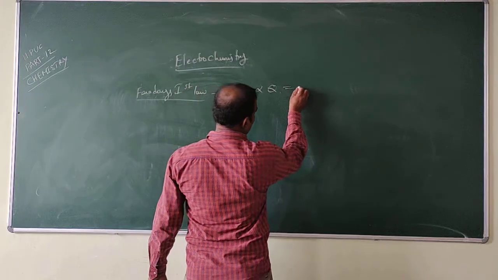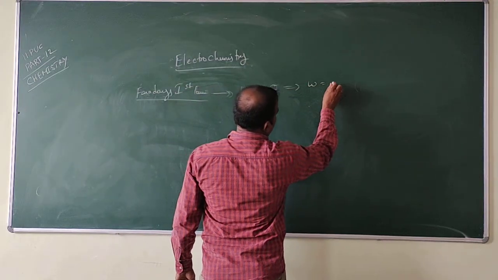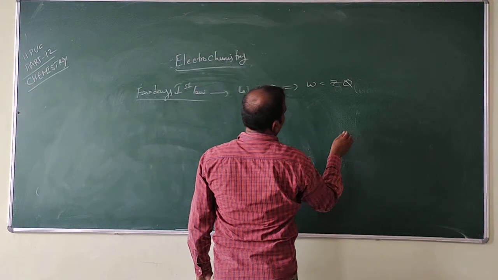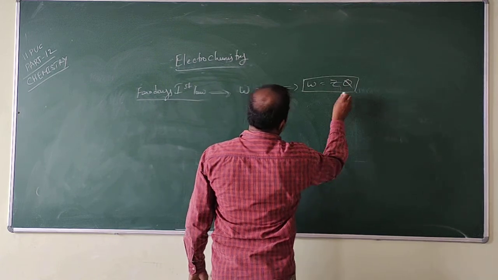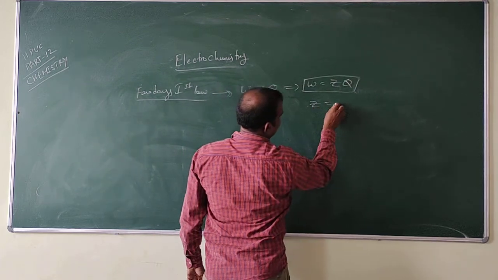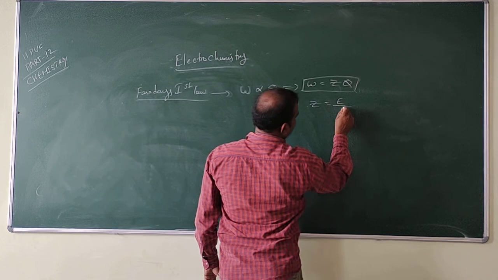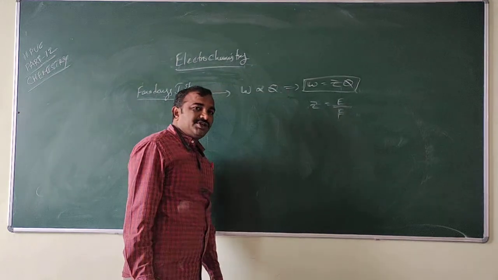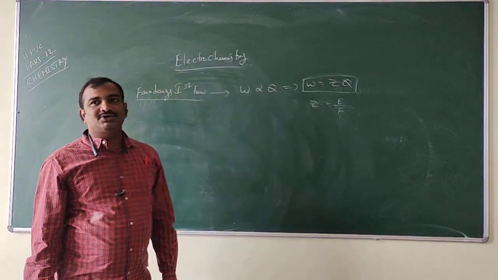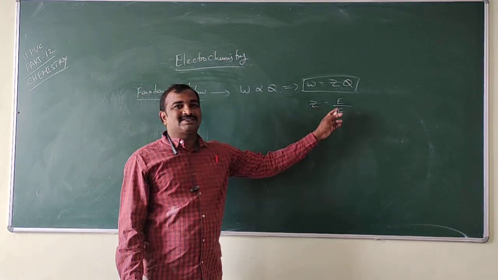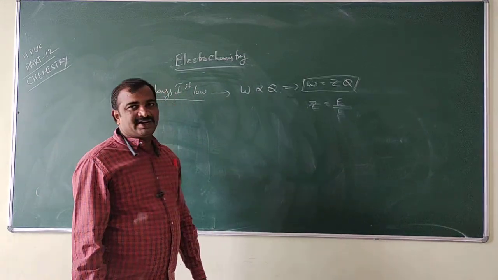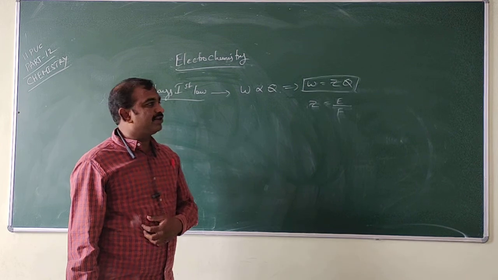From this we obtain W is equal to Z into Q. What is Z here? Z is equal to E by F, the electrovalence by Faraday, where one Faraday means 96,500 coulombs.